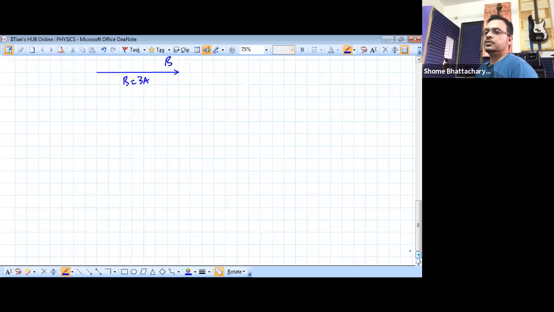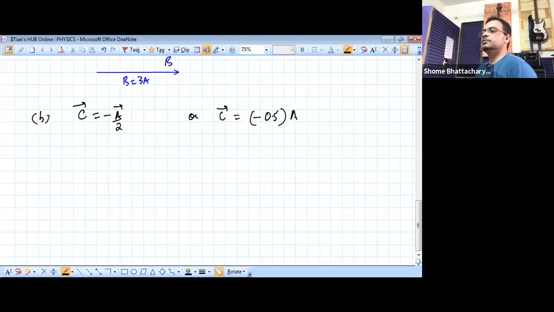Whereas the second part you can see is that we are saying vector C is minus of A by 2. Okay, so basically we can say vector C is equal to minus of 0.5 times vector A. So we are multiplying with a negative quantity. Therefore, C is opposite in direction to A, or you can say it is anti-parallel.